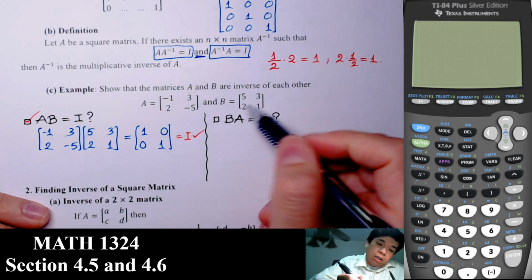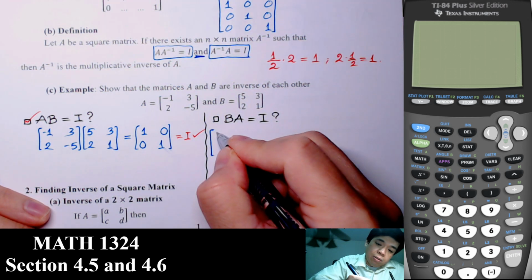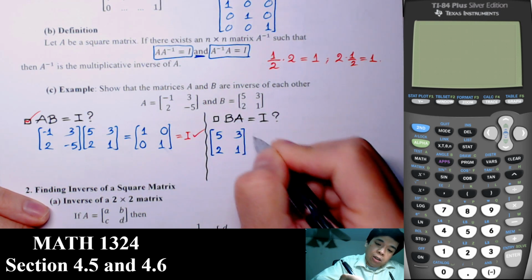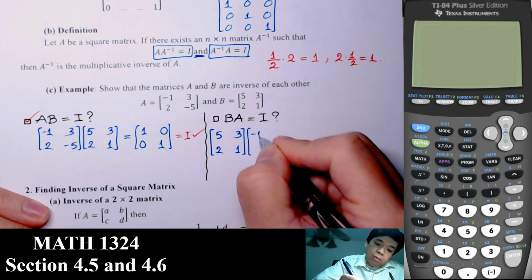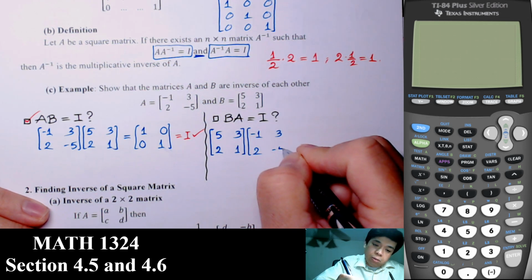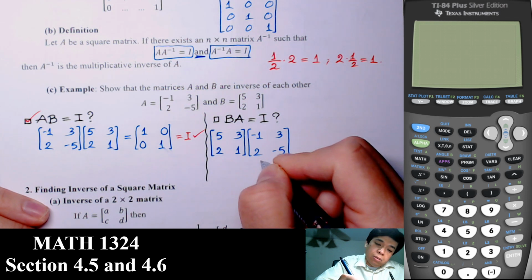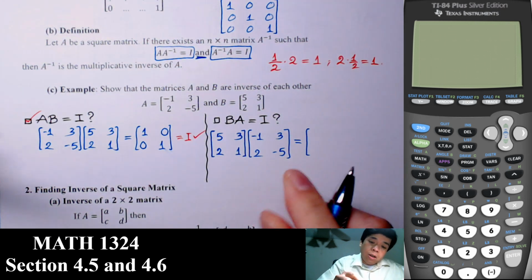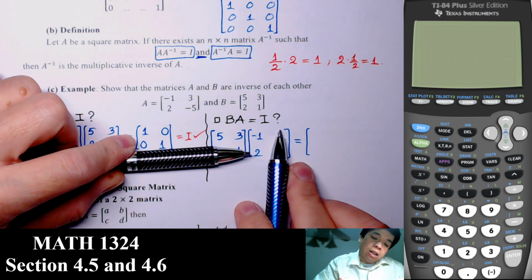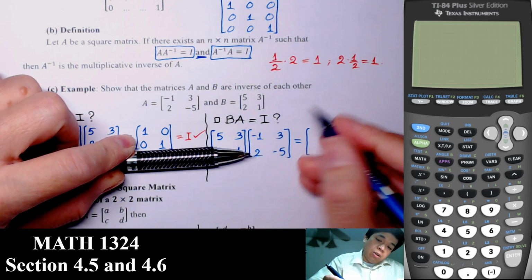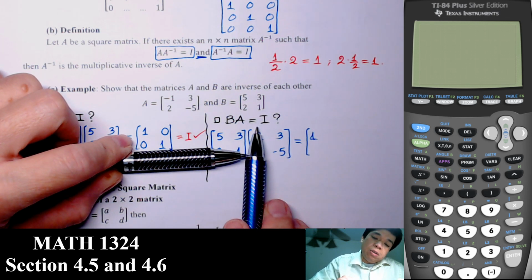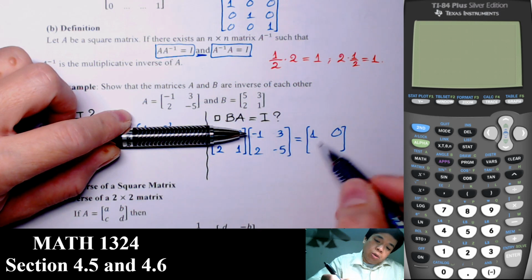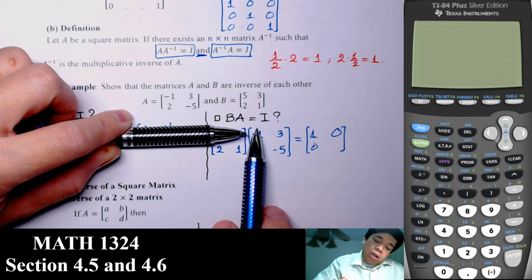And now we take B times A. Row times column, that gives us -5 plus 6, so it's 1. 15 minus 15, 0. -2 plus 2, 0. 6 minus 5 is 1.